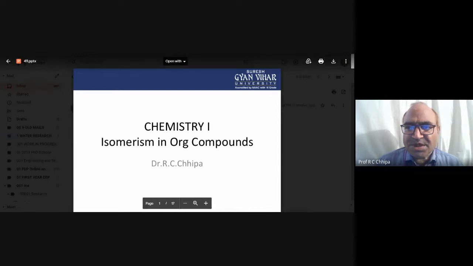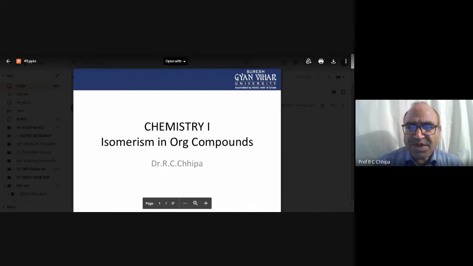For example, carbon combined with double bond oxygen is the carbonyl compound. So we have to see why such functional groups are achieved. Different organic compounds have a number of functional groups.